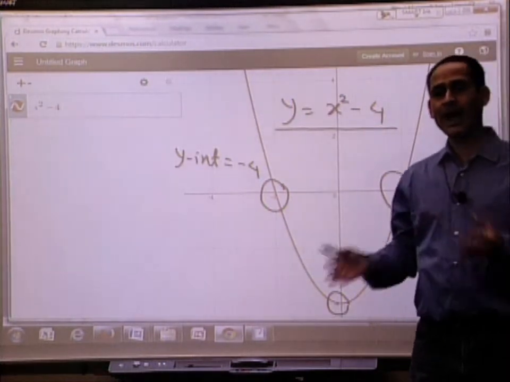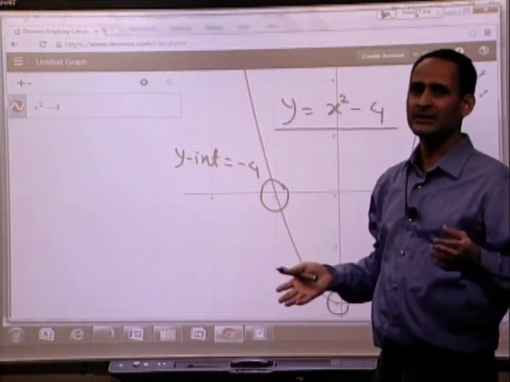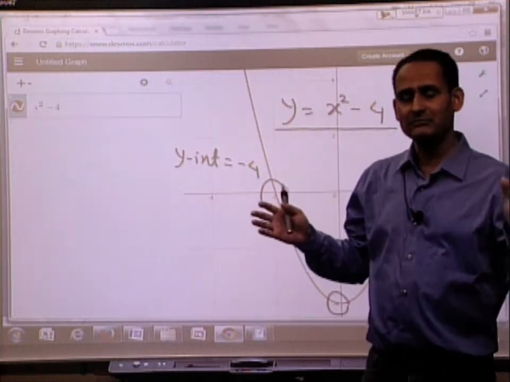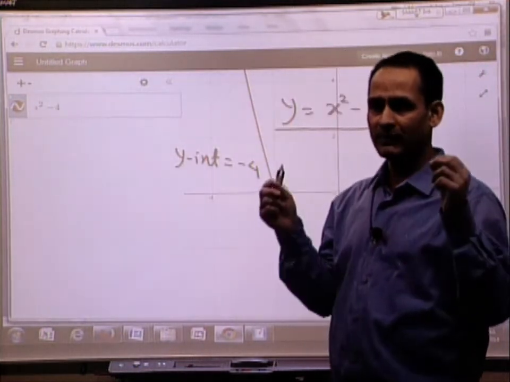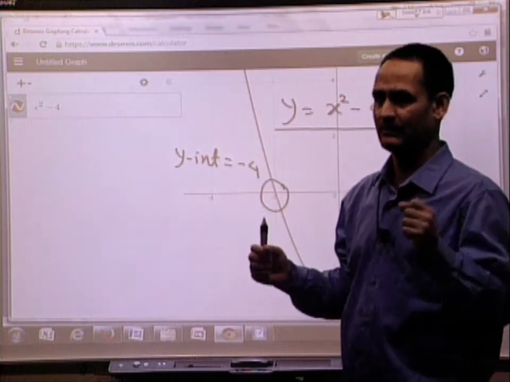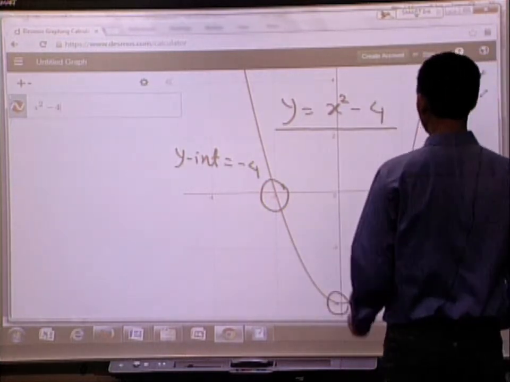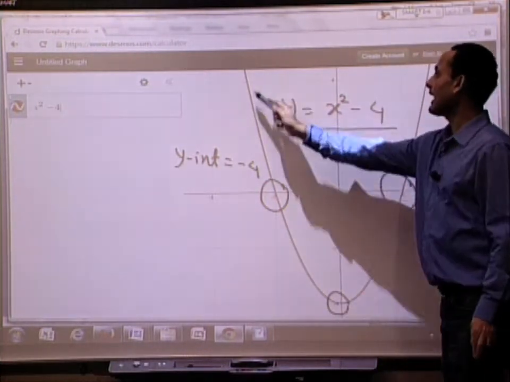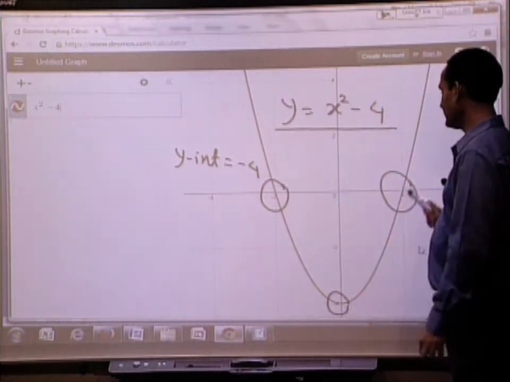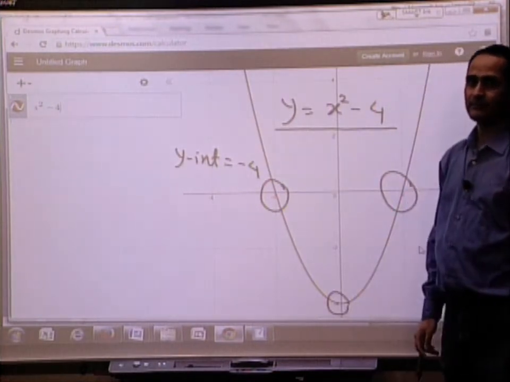When we graph any equation, there are several things we need to notice. One thing is wherever the graph intersects the x-axis and y-axis.